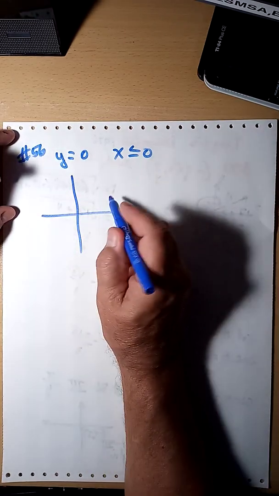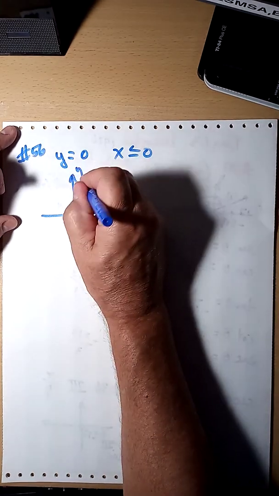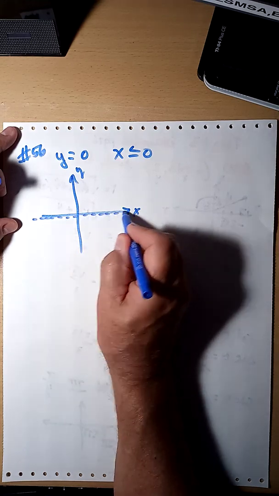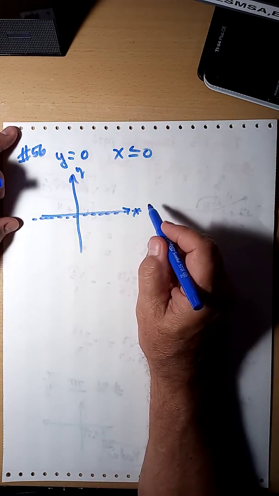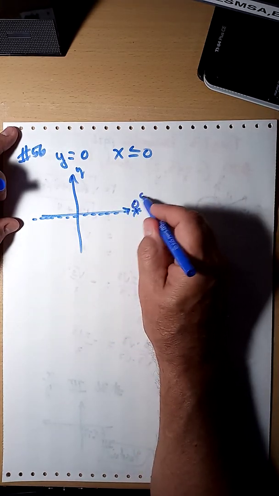So y equals 0 is really a line through the x-axis. So that's an angle of 0 degrees.